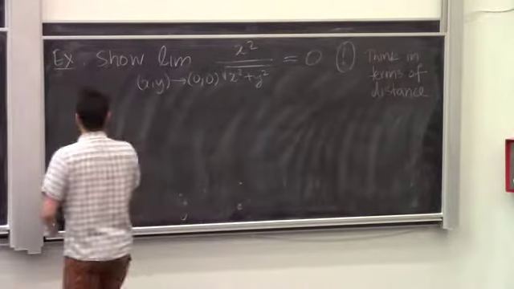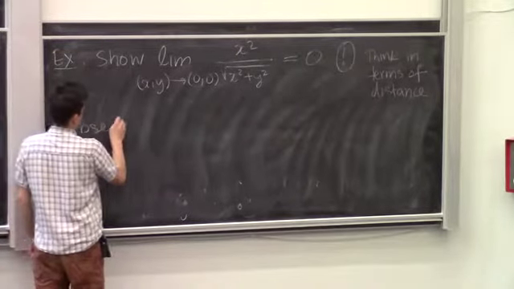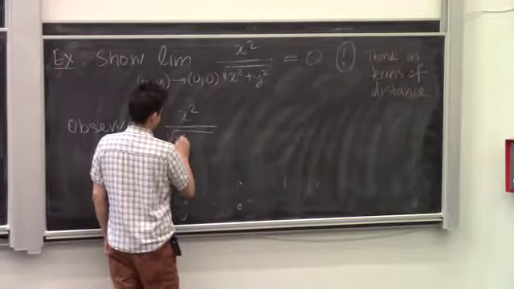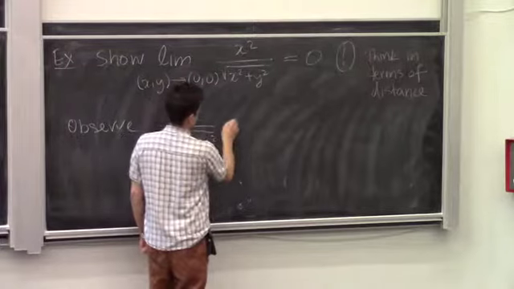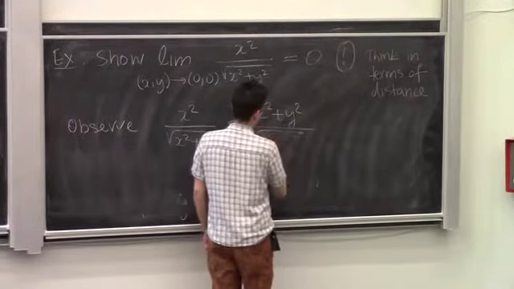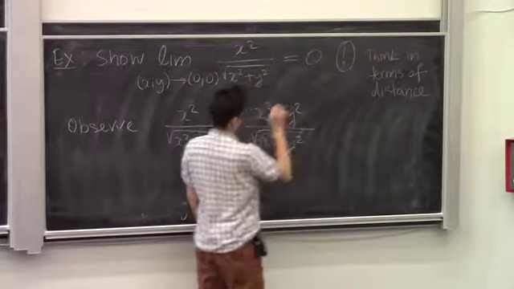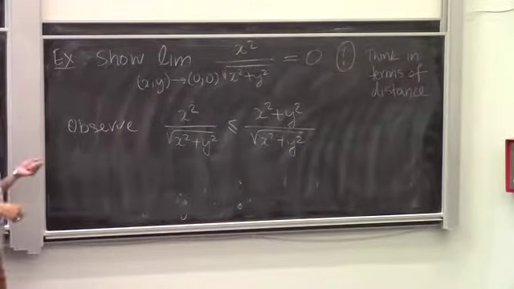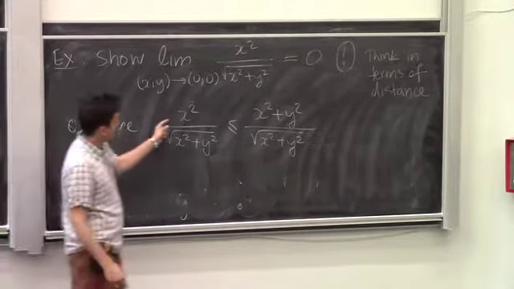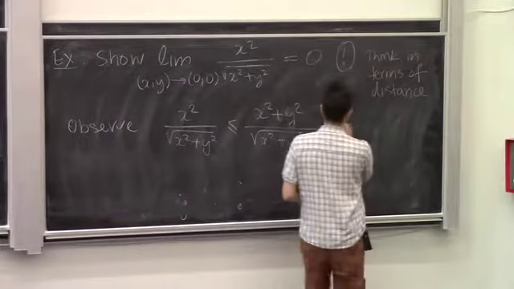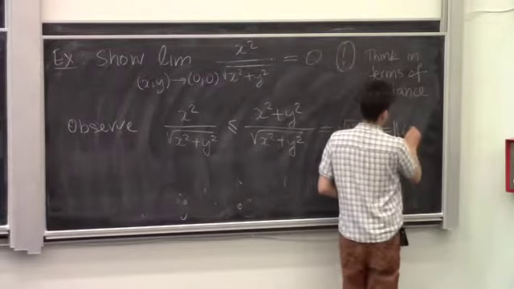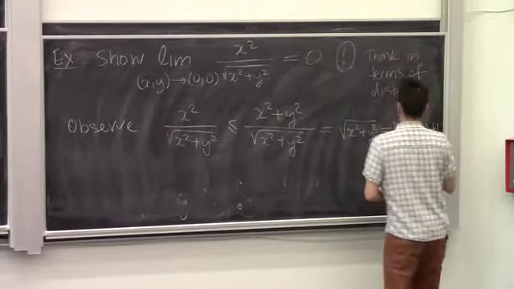So we're going to observe the following. Okay, we can make this function bigger by adding some positive terms. Right, we add on this y squared. And we get this.